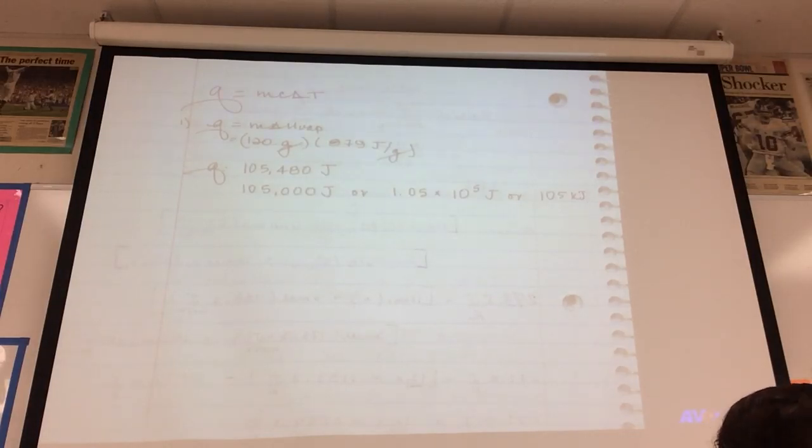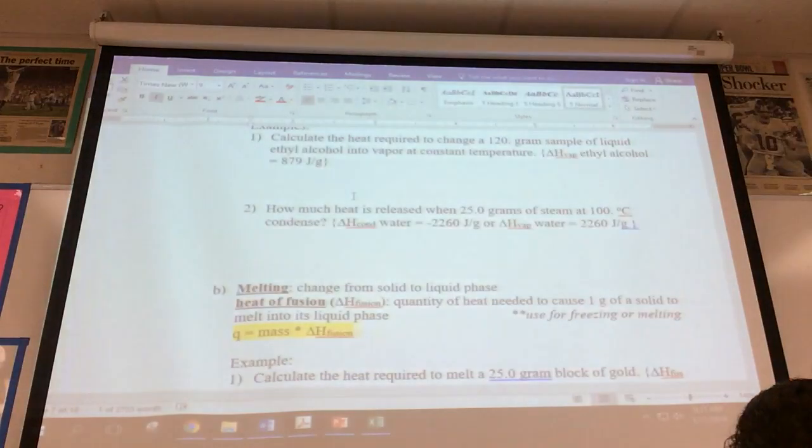It says how much heat is released when 25 grams of steam at 100 degrees Celsius condense. Why would heat be released? It's condensing, endo or exo? Exo, hence heat's released.